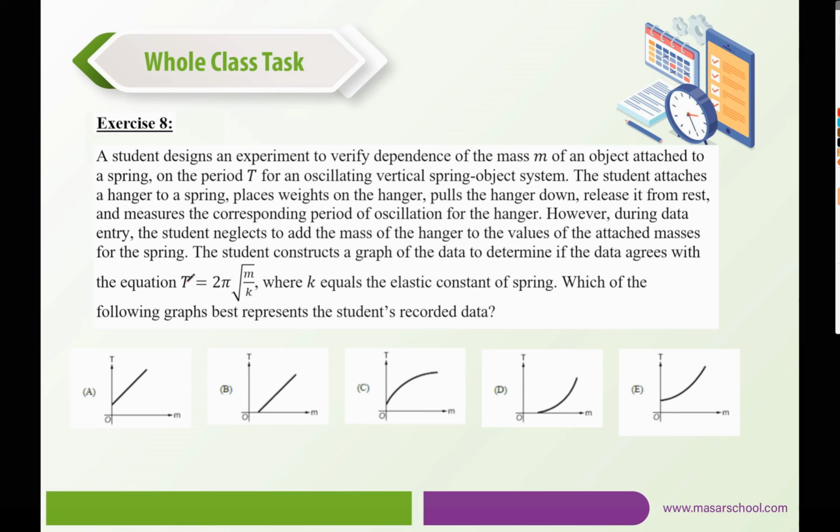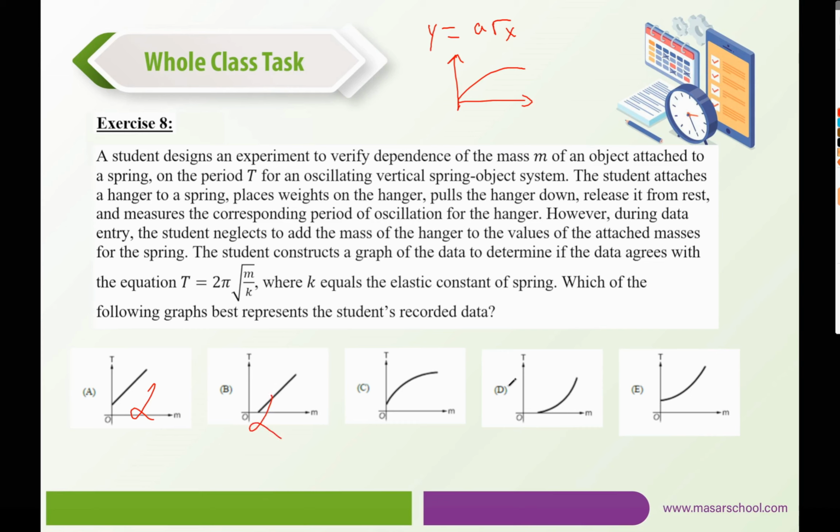Now, because we're plotting T as a function of m, we know that for a function given by y equal to a square root of x, it should look something like that. Because we're plotting the period, not the period squared, we can eliminate this and that.